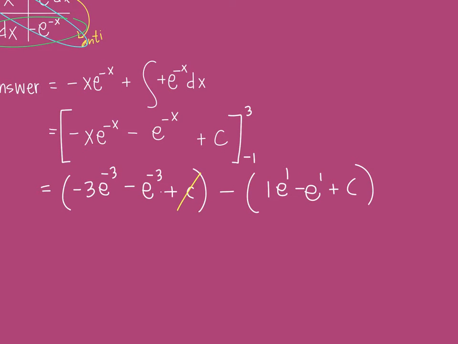So I can see that my plus c's are gone, but so is my e to the first minus e to the first in the second parenthesis. Those cancel each other out as well. So I've got -3 over e cubed is a better way to write that, minus 1 over e cubed. And since they have a common denominator of e cubed, I can combine these as -4 over e cubed.